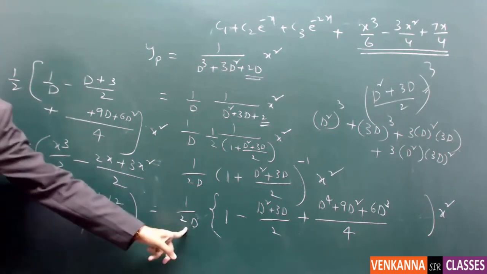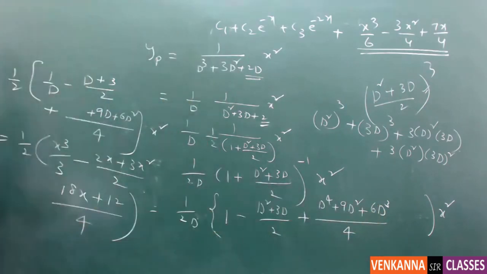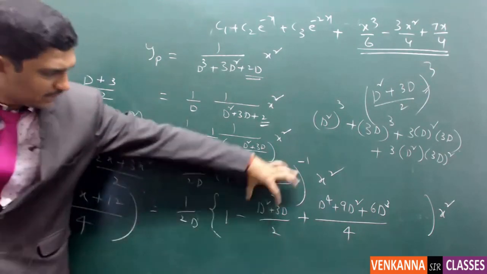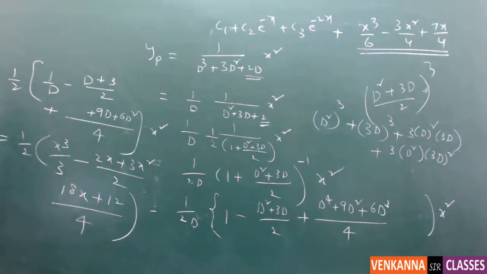Because we have 1 by d, this 1 by d is applicable to each and every term of it. So 1 into 1 by 2, 1 by d, this value into 1 by d, this value into 1 by d. Accepted.